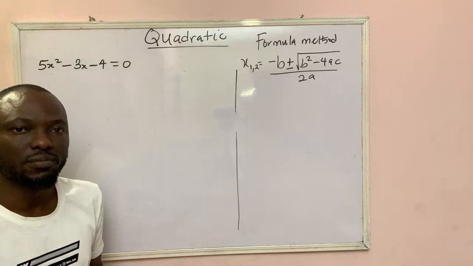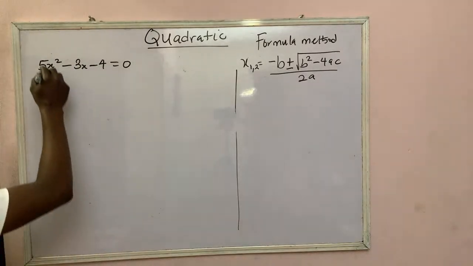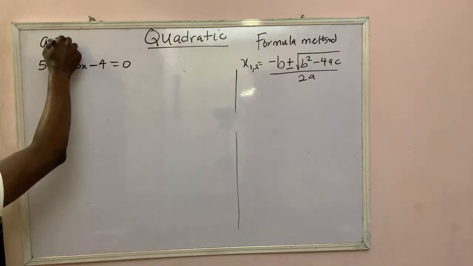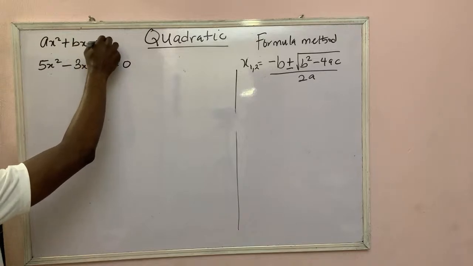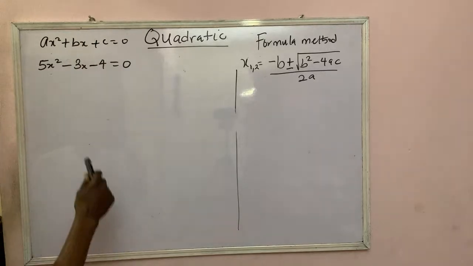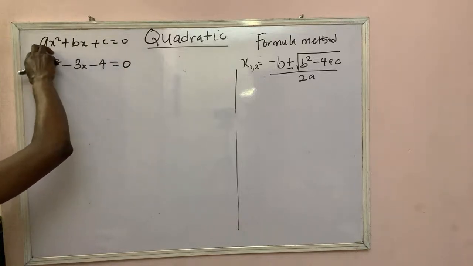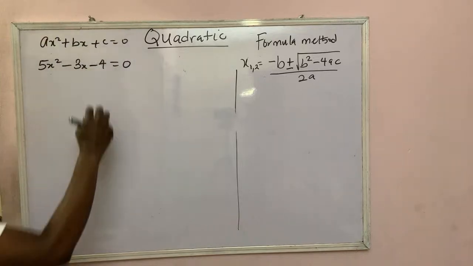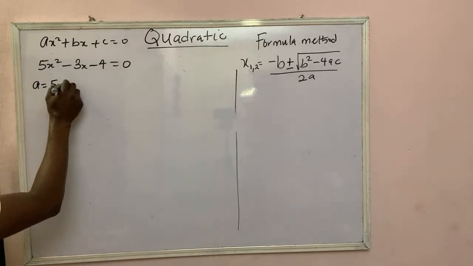So let's go back to the general form, which looks like this: ax squared plus bx plus c equals 0. Now, if you compare this with this, you can see that a represents 5.